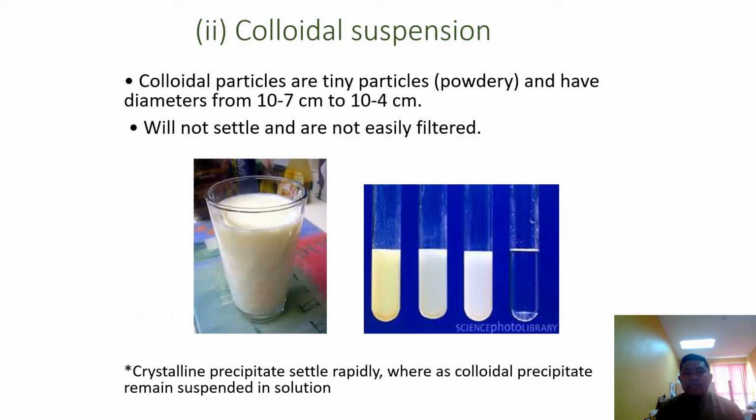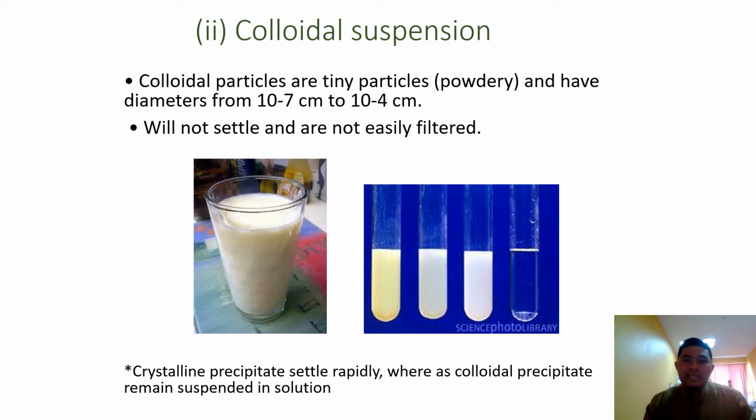Okay, and then the second type of precipitate is known as a colloidal suspension. Colloidal is usually like milk; milk is a colloid. It has very tiny, powdery particles with a diameter from 10 power negative 7 to 10 power negative 4, which will not settle and are not easily filtered, because when you pour it, it readily dissolves in the new solution.